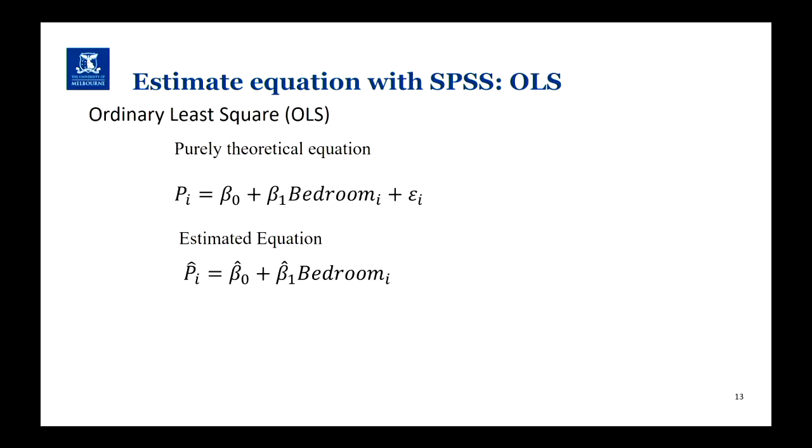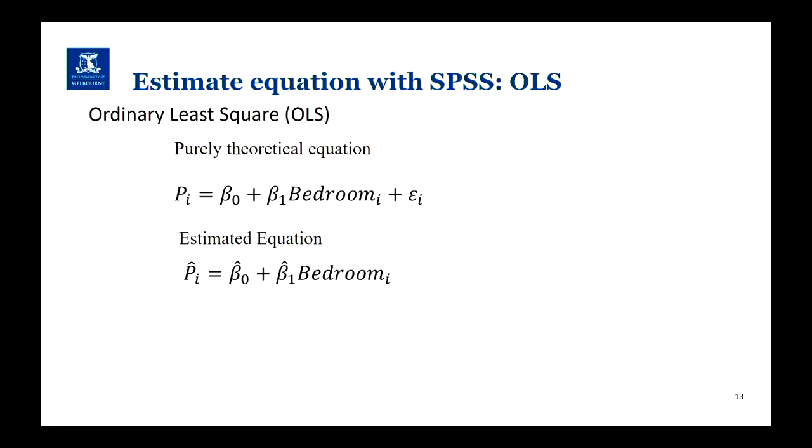So, for example, our pure theoretical model or equation is P_i equals beta 0 plus beta 1 number of bedroom_i plus epsilon_i. So here the subscript i indicates each case or each sample.